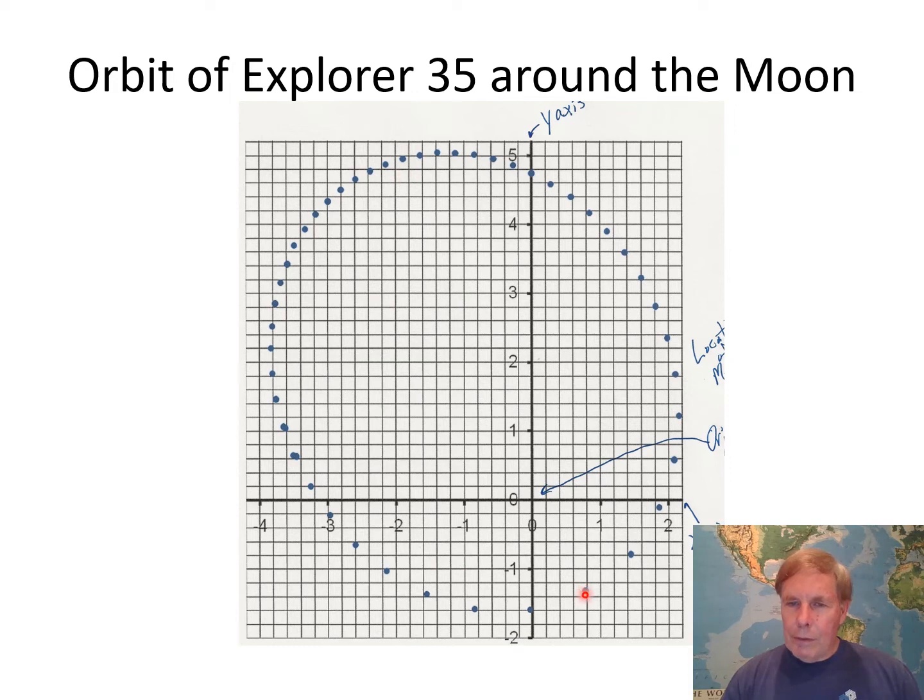The first thing you need to do, though, is figure out where the major axis of the ellipse is. That has to be the longest line that will separate the ellipse in exactly half. It has to go through this point because that's one of the foci. That's where the moon is. The center of the ellipse is going to be roughly about here. Don't quote me on that. You're going to be determining this. You're going to need a ruler and a protractor to do this part.